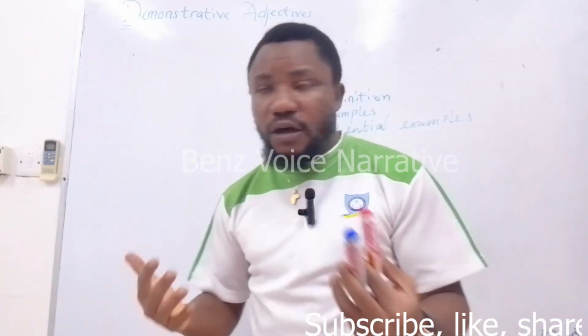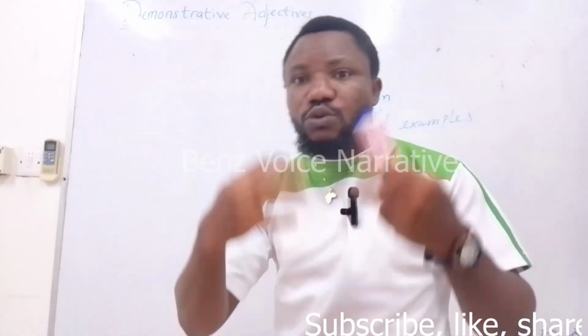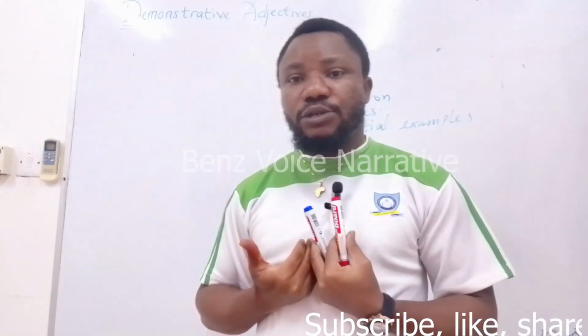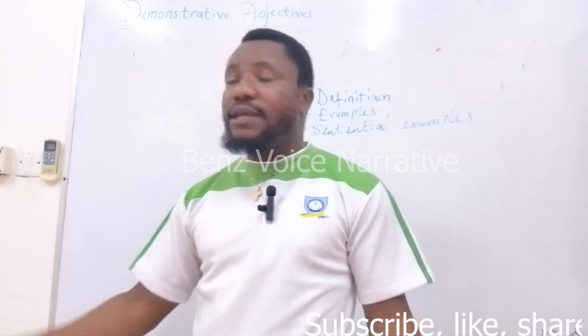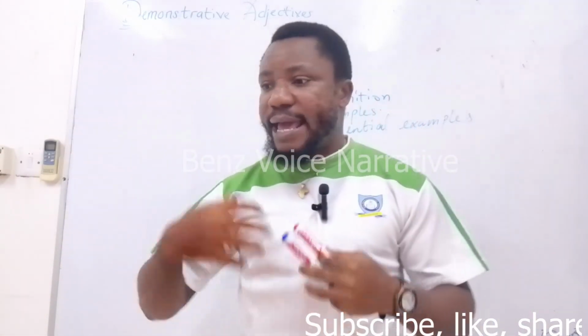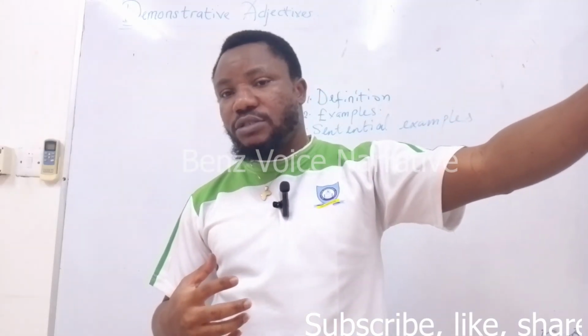And it's also very possible for the noun you want to talk about to be far away from you, the speaker, or far away from the person to whom you're speaking. So demonstrative adjectives are words that help us to point out the noun we're talking about, okay?